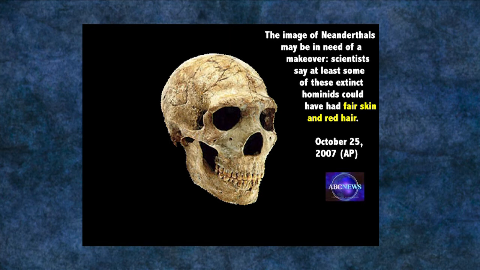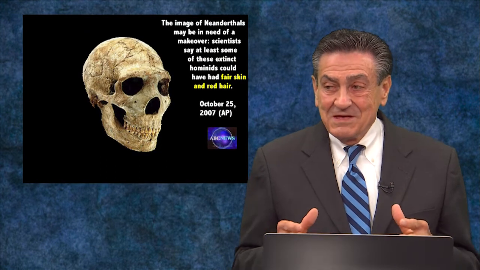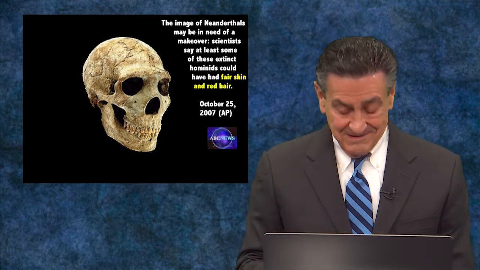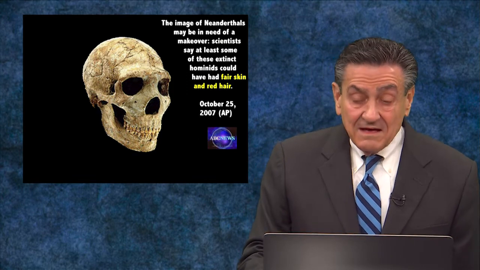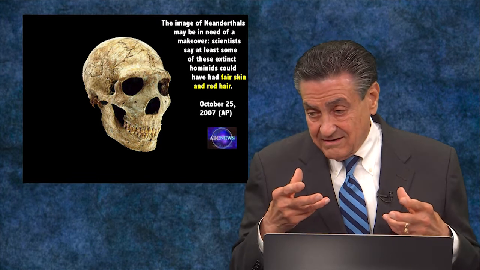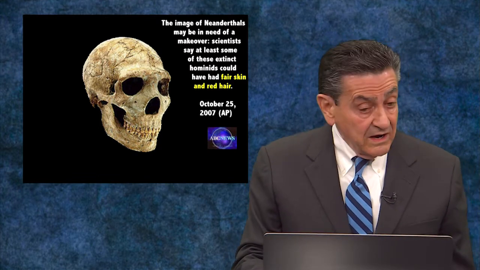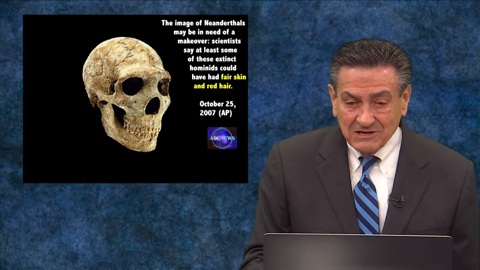We've learned fairly recently that the Neanderthals, as we're told here by ABC News, may be in need of a makeover. Scientists say at least some of these extinct hominids could have had fair skin and red hair. Well, I'm not so sure they're extinct, except that the DNA is still in our DNA. But they had not this brutish, dark, hairy look, fair skin and red hair, which is not the way it's normally depicted.